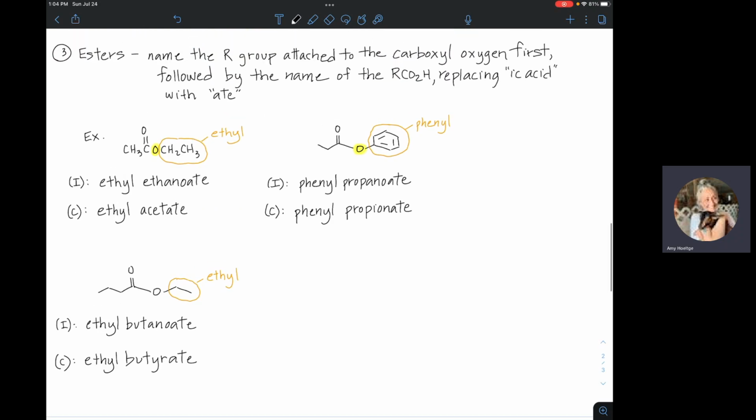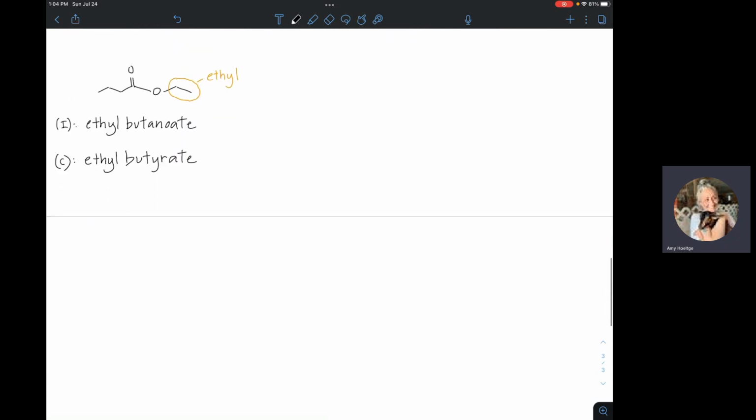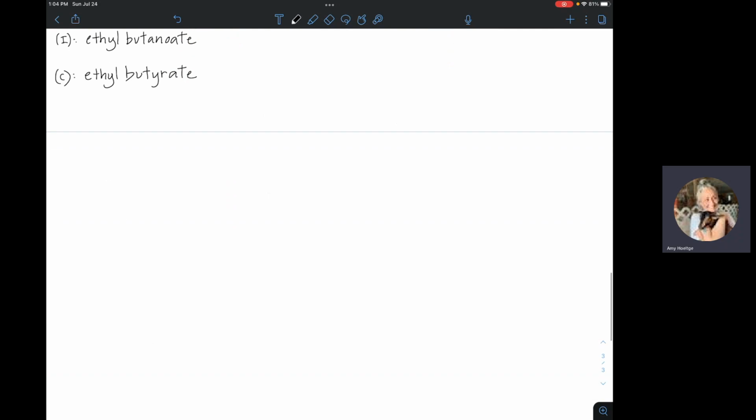So those are esters. And then the last one that we're going to talk about for carboxylic acid derivatives. And when we get to reactions, I'll bring out the other functional groups. But for right now, for nomenclature purposes, for the sort of celebrity carboxylic acid derivatives, we're going to land with amides. Like the oxidized version of an amine.